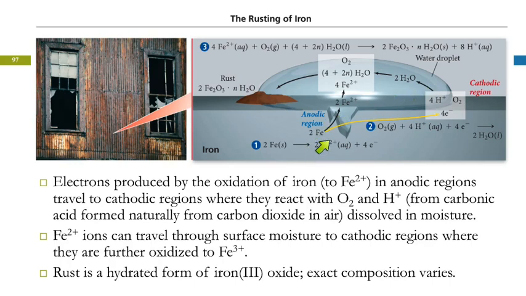So we're making some iron ions there, and those ions are going to travel to the cathode and react with oxygen and hydrogen ions. The hydrogen ions come from carbonic acid that's formed when carbon dioxide dissolves in the water. And then those iron ions can travel through surface moisture and get further oxidized to iron 3+.